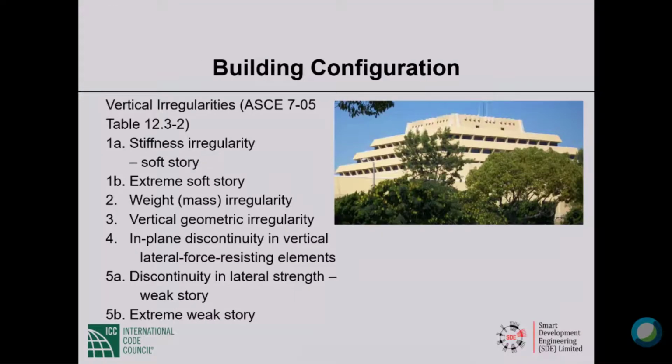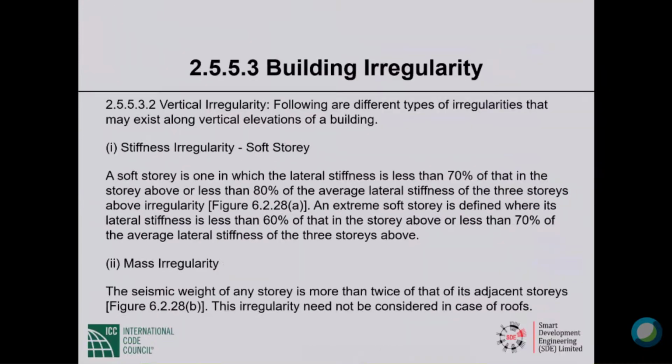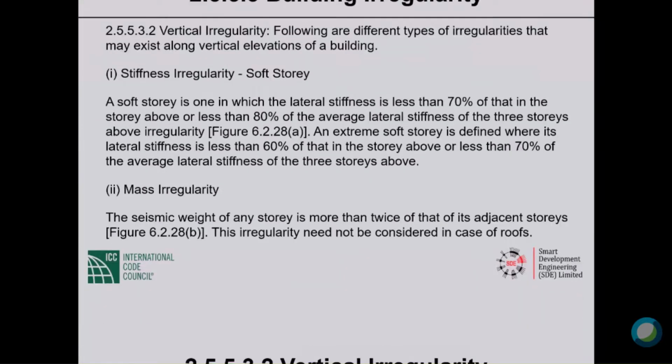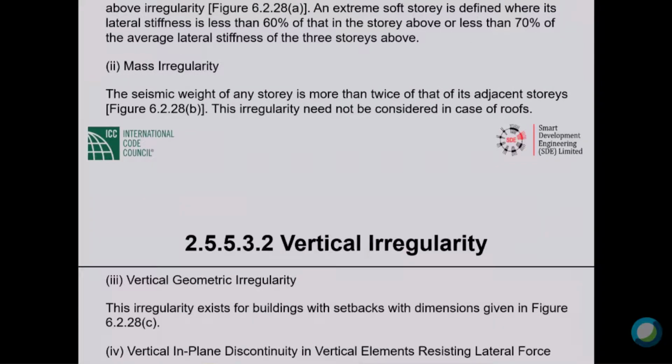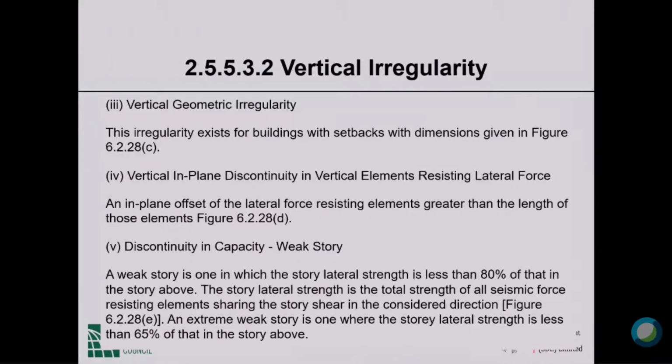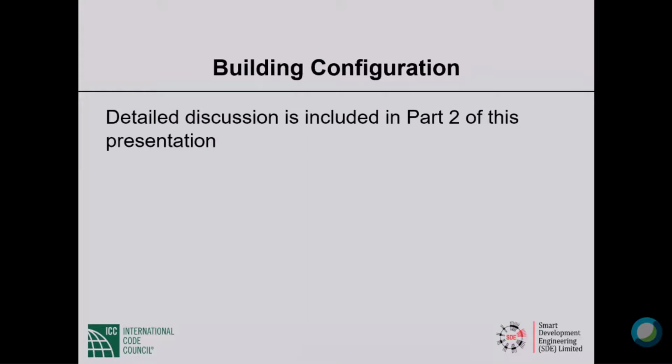Then the table of vertical irregularities is Table 12.3-2 of ASCE 7-05, and the counterpart is 2.5.5.3 of BNBC 2020. I would like to discuss this very, very important topic in detail tomorrow. So I have basically no discussion here in this slide set for today.